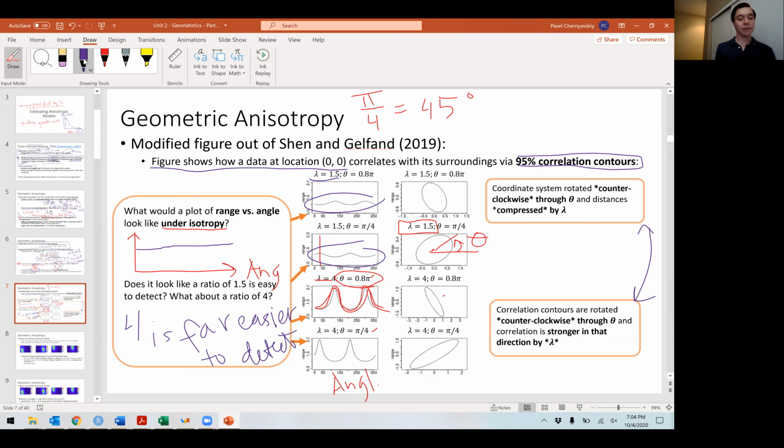Even though, if you think about it logically, if your range is 50% bigger in one direction than another, that might feel like a pretty significant departure from isotropy. But thinking about it in these terms, anisotropy starts to really matter when lambda starts to approach something like 4 and not something like 1.5.